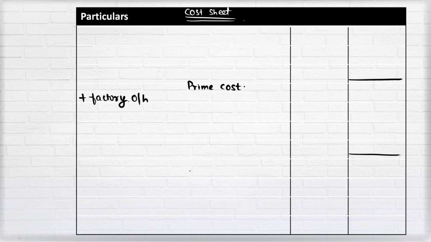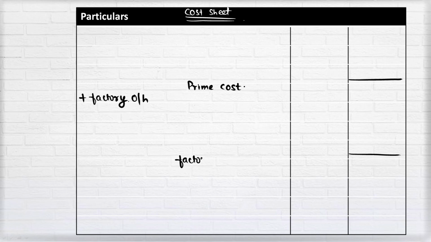First, see how I am preparing my cost sheet. I am totaling out prime cost with keeping some space plus factory. So there might be more than one cost in factory. I am keeping some space, factory overhead.